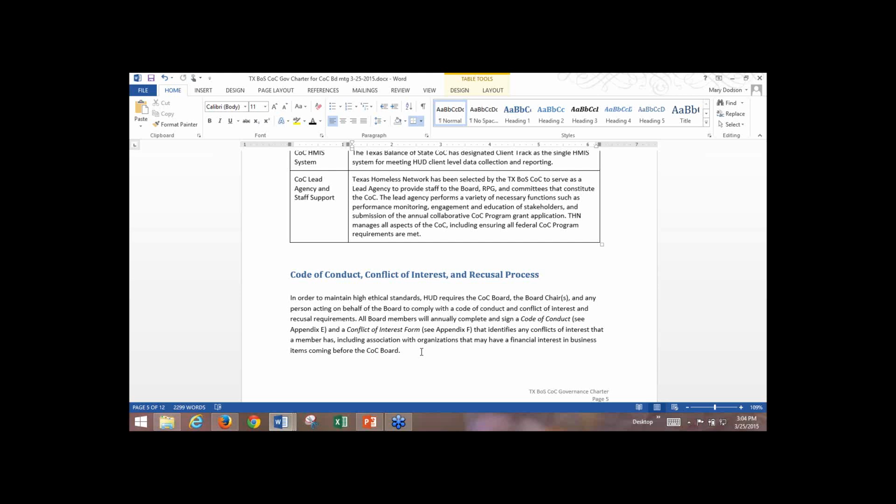So we want to make sure that we are being transparent and giving lots of fair opportunities for people to participate and to understand how decisions are being made without any conflicts of interest that we don't know about.